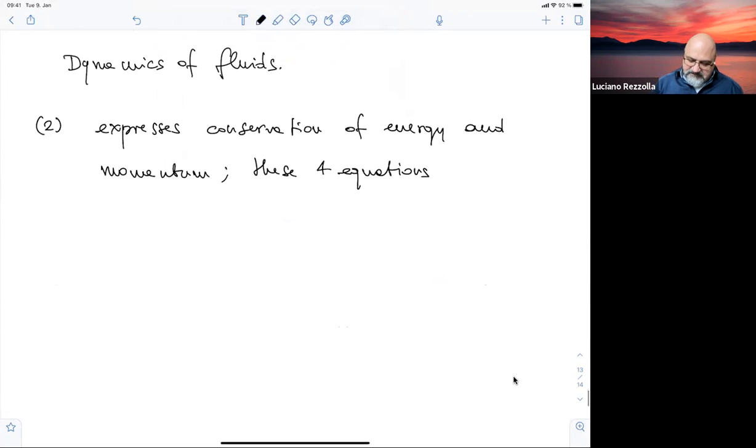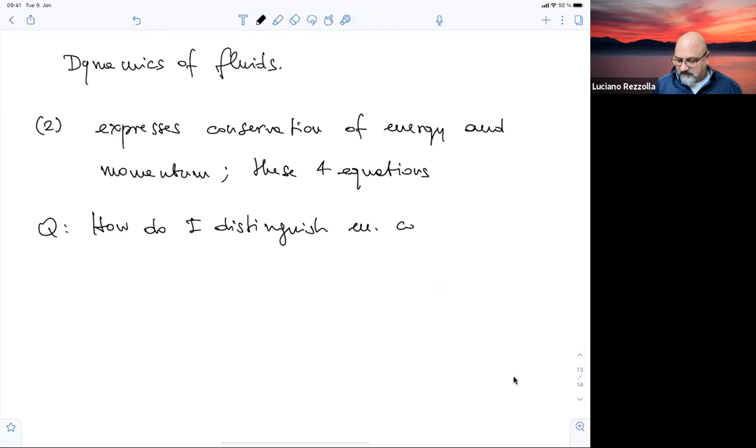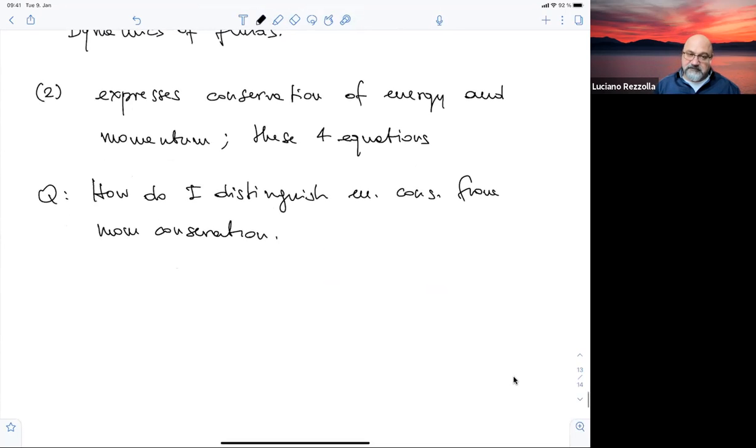And the question is, how do I distinguish energy conservation from momentum conservation? I know that there are 2 distinct sets of equations. One is 1 and the other one is 3, because the momentum is the 3 vector.